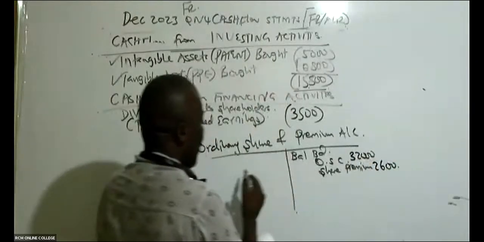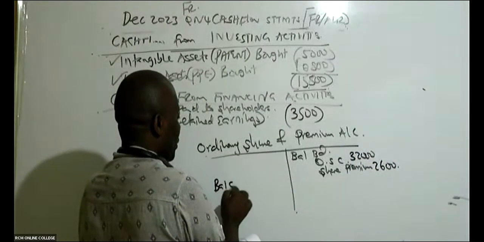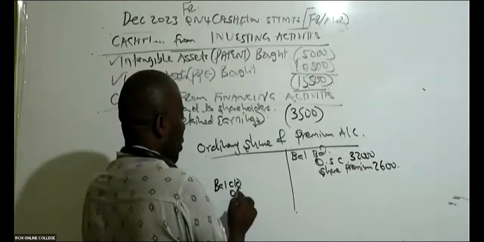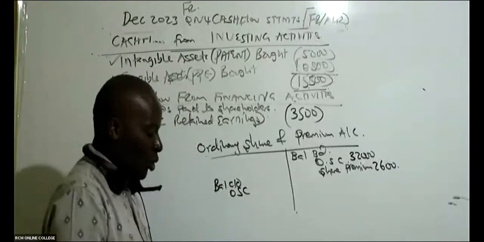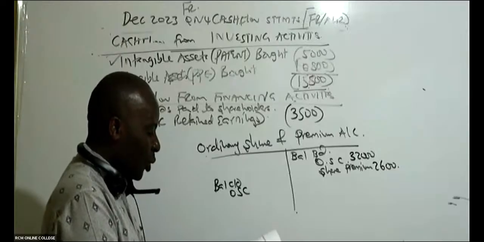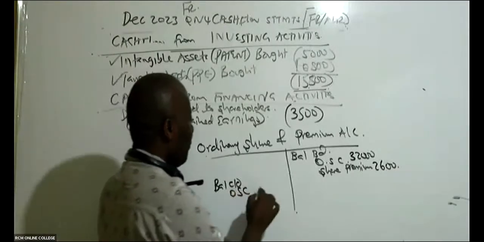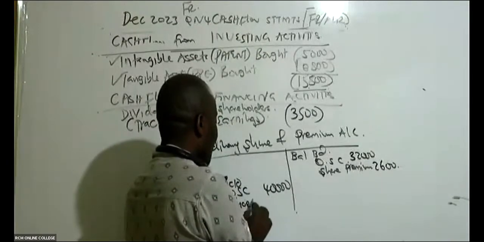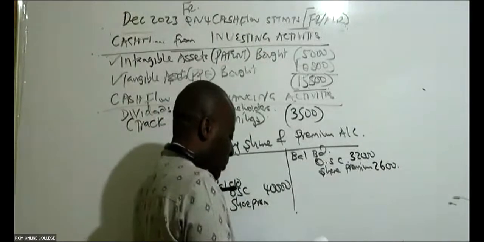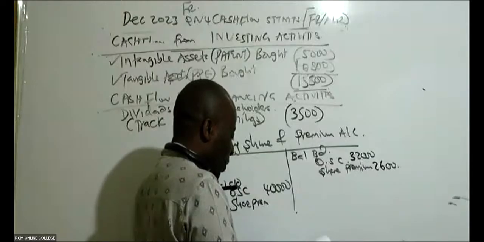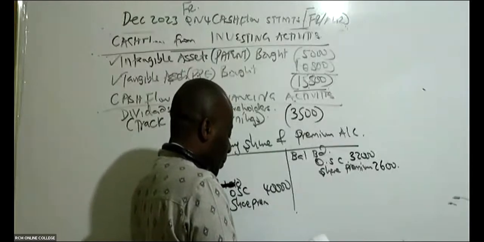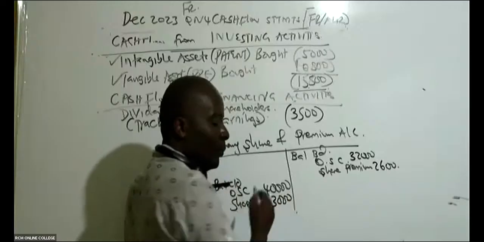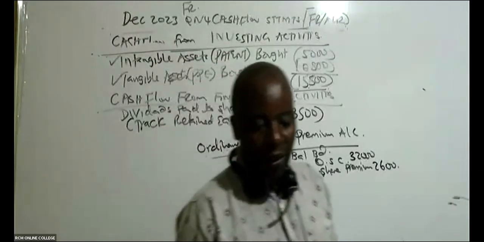And then you bring things down here, carried down. Ordinary share capital carried down, you can see there 2023, it's 40,000. And then share premium, we have 3,000. All right.